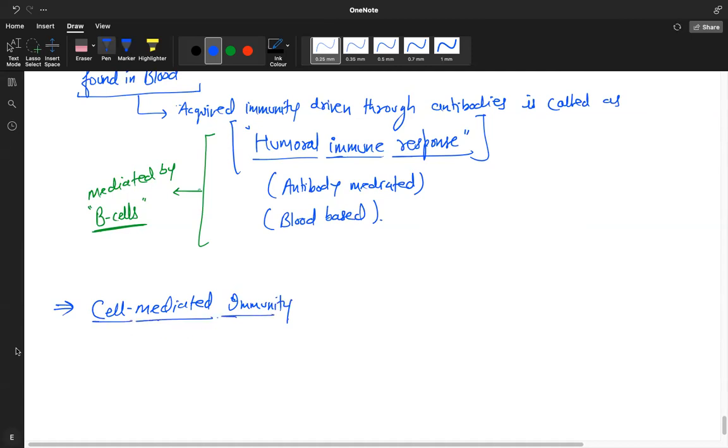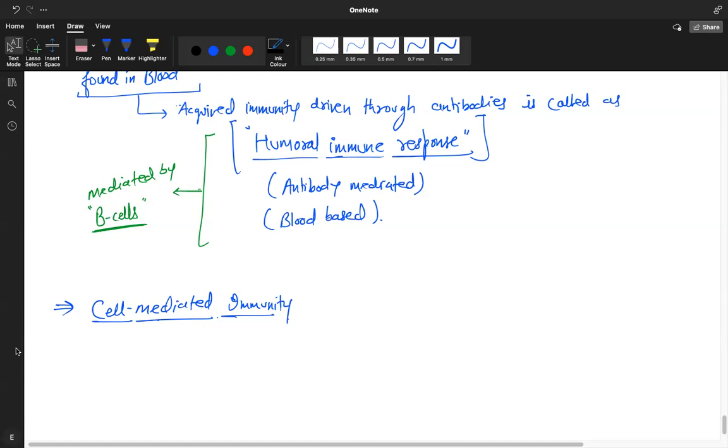So which means antibodies are not playing the major role and it is not driven by the blood, because it's not always that all the infections, all the antigens and pathogens will go in the blood only, right? They might also affect the tissues or the organs or the cells, right? Yes or no? Yes, sir. So that's why the second type of acquired immunity is cell mediated immunity.